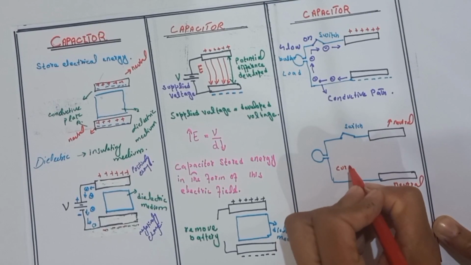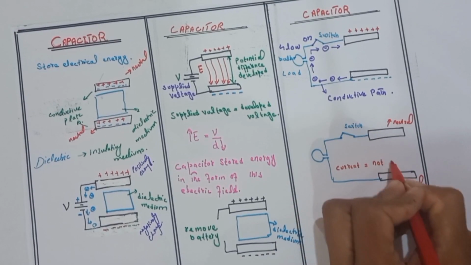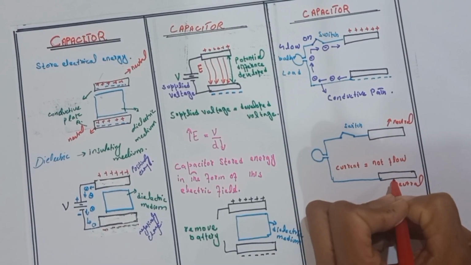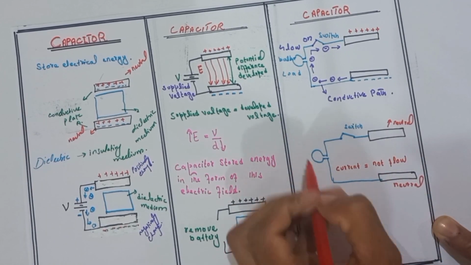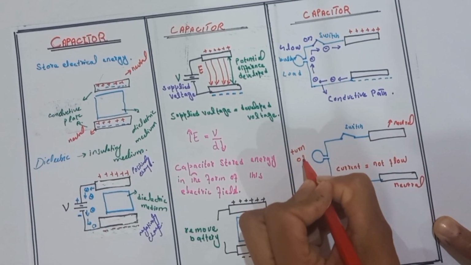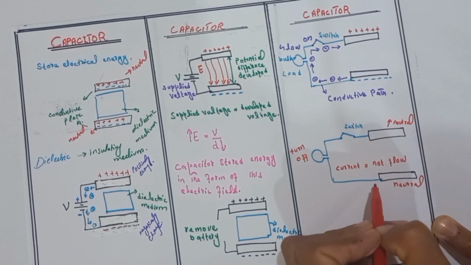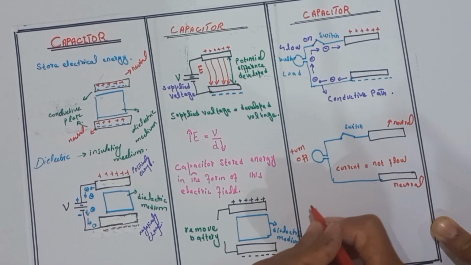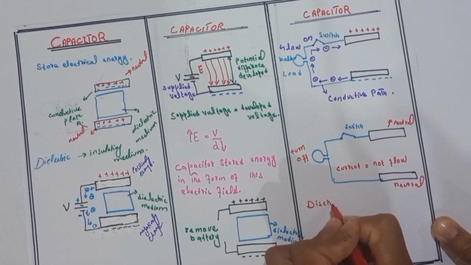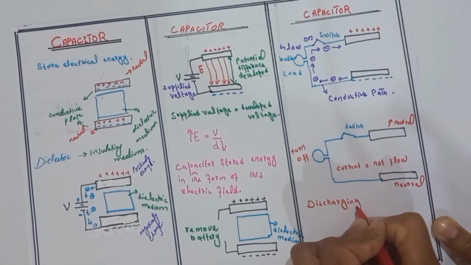Current does not flow when both of these plates become neutral. So the bulb will again turn off. This phenomenon, where the charges developed across the plates flow through the conductive path, is known as the discharging of the capacitor.